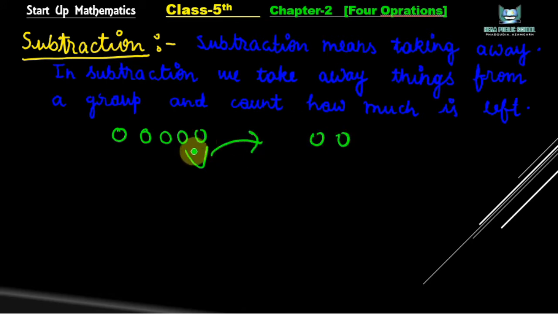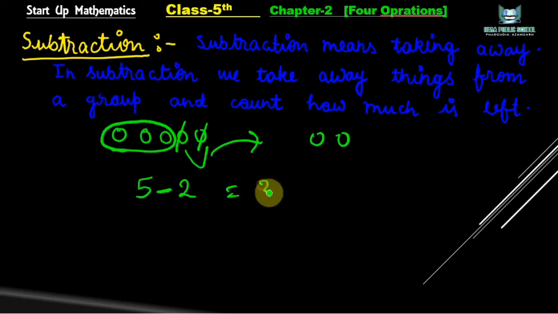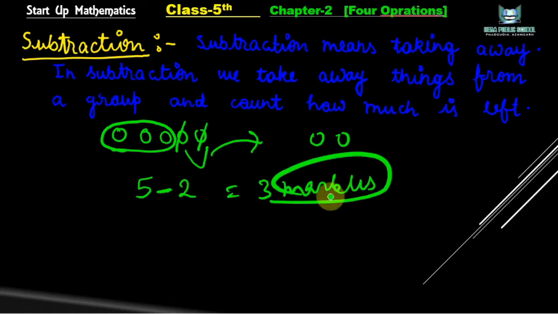Now if we ask how many marbles are left with you, you will say I have 5 marbles and my brother has taken 2 marbles, so you will get 3 marbles.